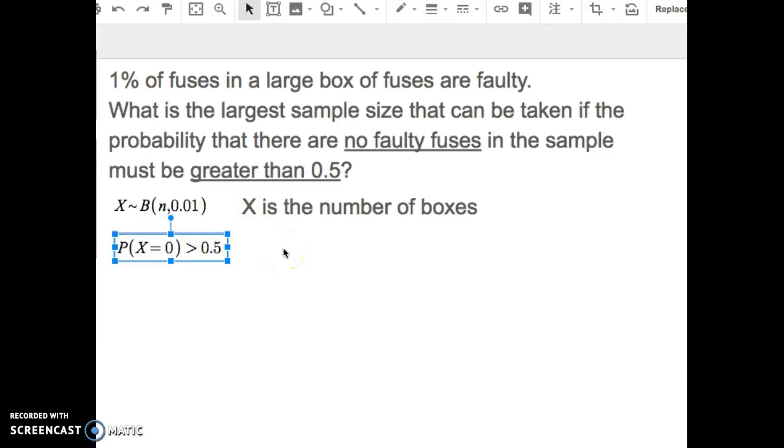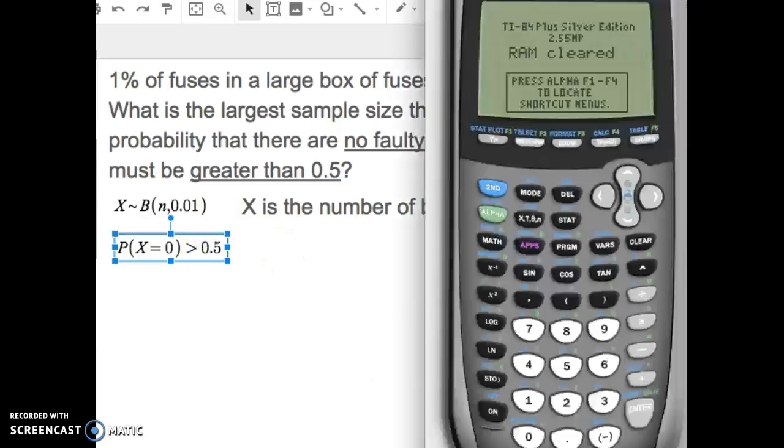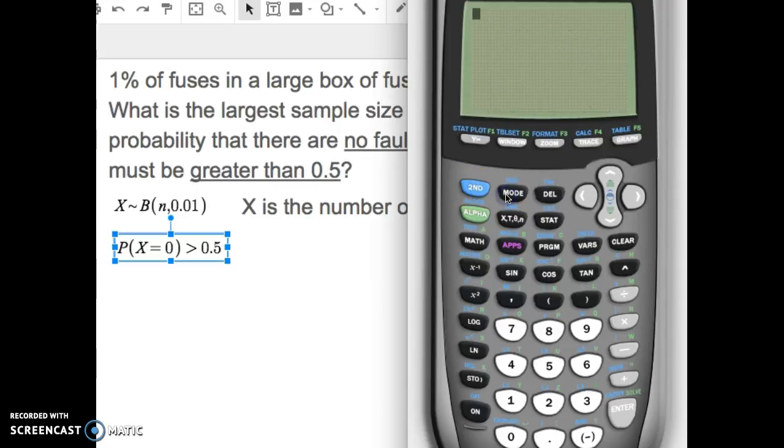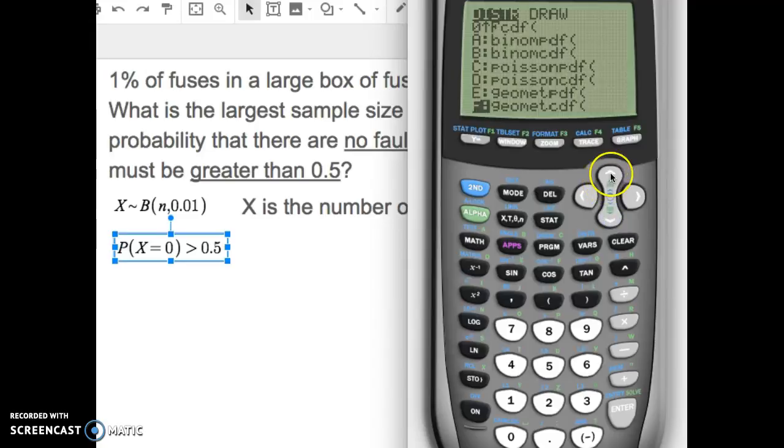At this point, I can use my GDC, so please take yours out as well. I'm going to use the table function to help me out. Let's go to Y first. I'm going to go to Bino PDF. Second vars brings me to distribution, and I'm going to pick Bino PDF.